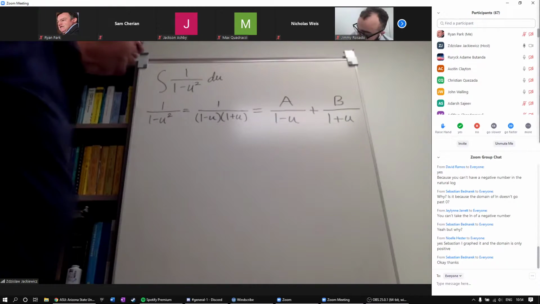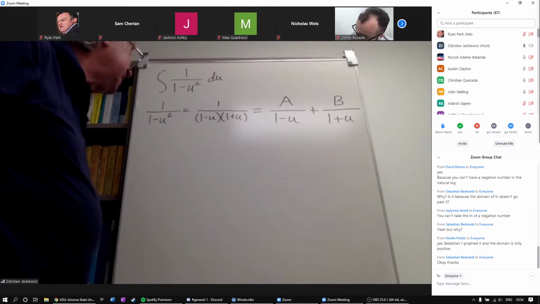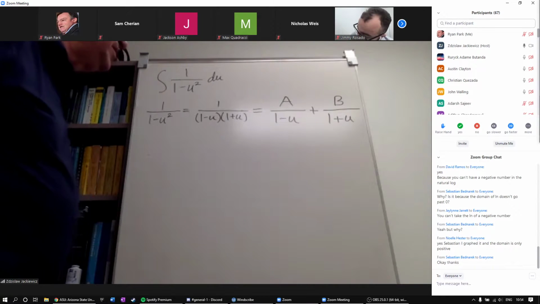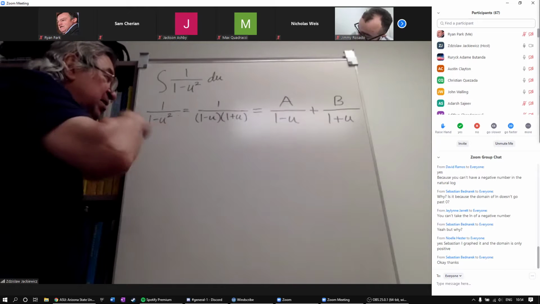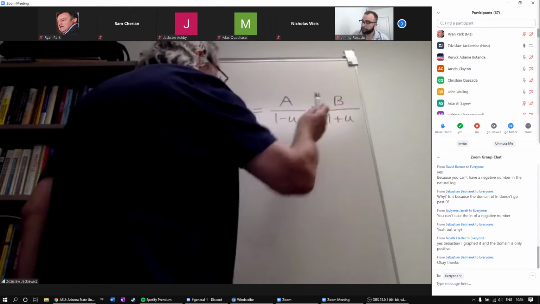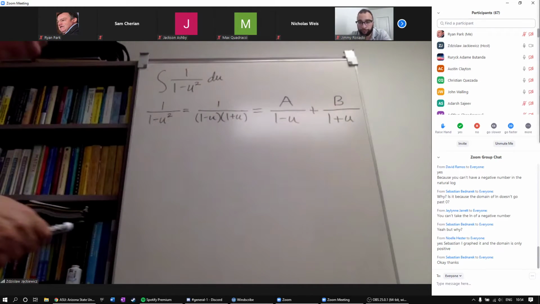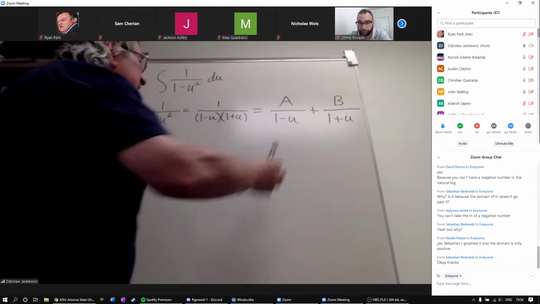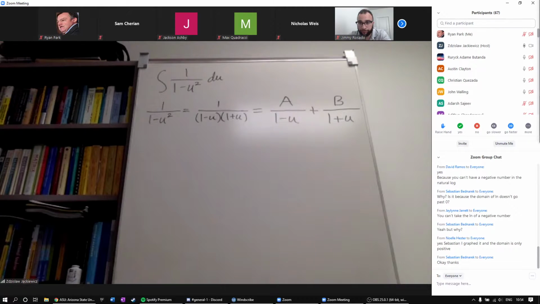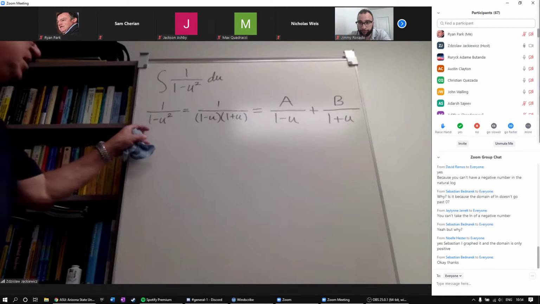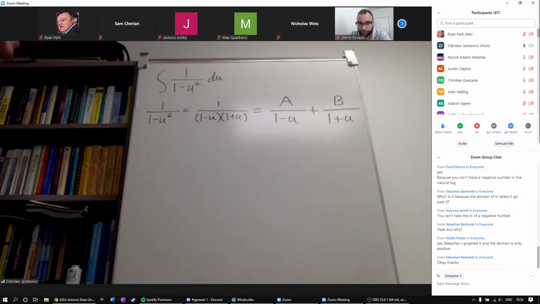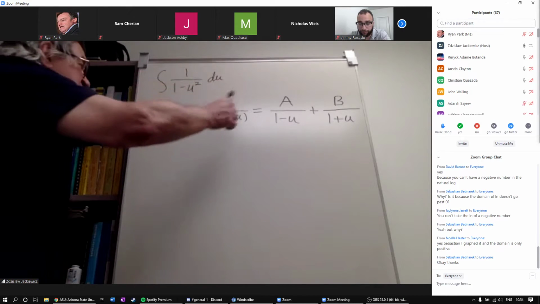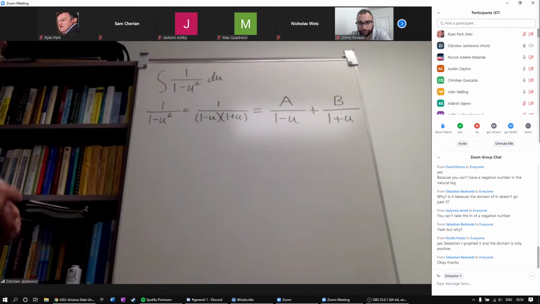So let's try to compute those constants. Well, in order to compute those constants, we can do this in our head, as a matter of fact, and I will tell you how to do this very fast in a moment. But first, maybe let's use brute force. Let's multiply everything by the common denominator. Of course, the common denominator is 1 minus u squared. So if you multiply everything by the common denominator, you get the following.